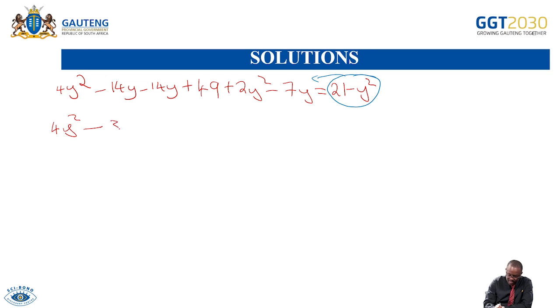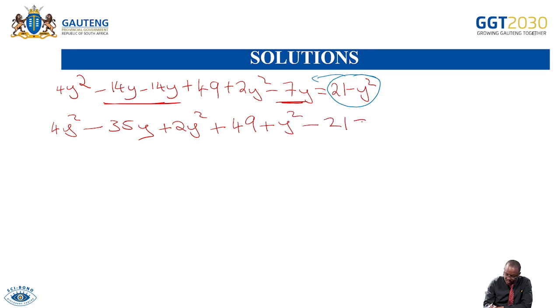We are actually getting negative 35y. Remember, we just added these like terms here, correct? And then we say plus 2y squared plus 49. Now we have plus y squared minus 21 is equal to 0.